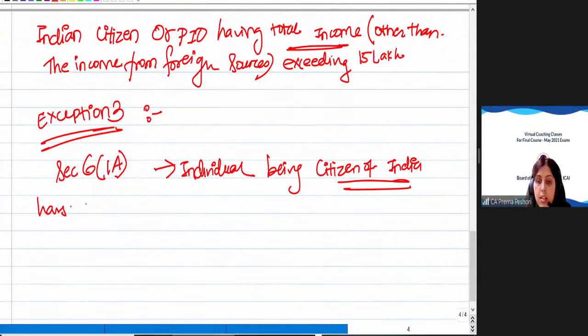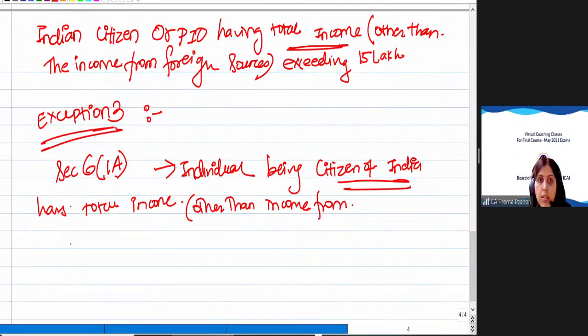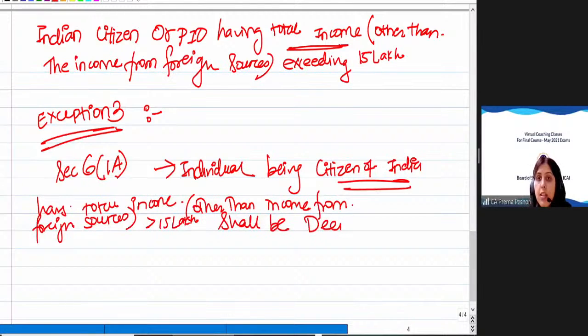Having total income other than income from foreign sources exceeding 15 lakhs. Now, this person shall be considered as deemed resident.